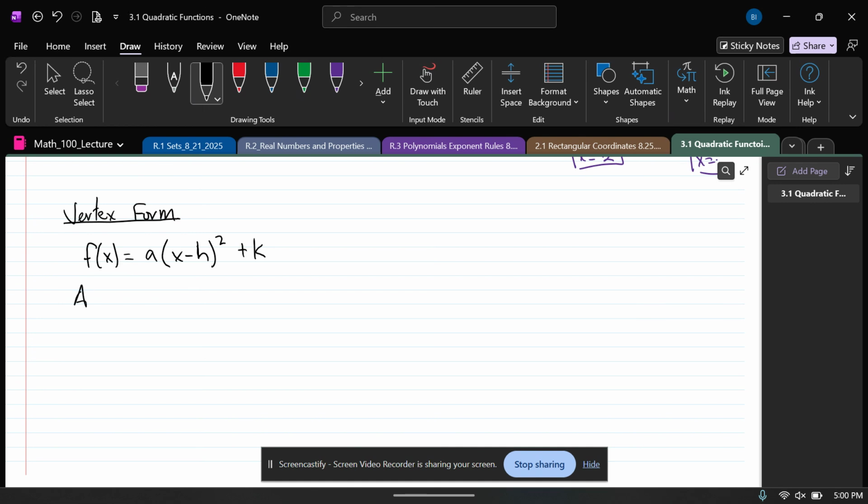So we're going to still find the axis of symmetry. The cool thing about vertex form is I don't have to do a formula. All I got to be able to do is pull that number out of the parentheses, that h. It's x equals h. I don't have to do anything else. That is my axis of symmetry.